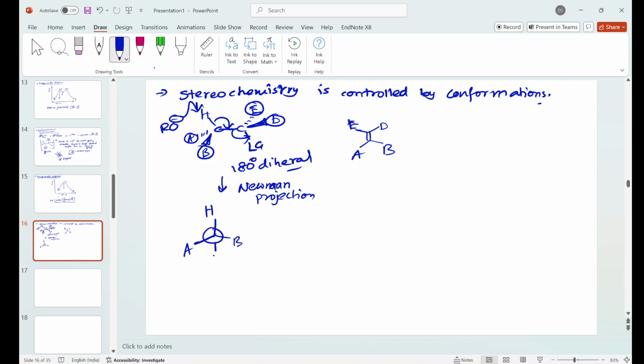Around the carbon, and in the back you have the leaving group, E and D. So this will come, it will attack here, the electrons will go in the bond and the leaving group will leave. So that will end up with this alkene.